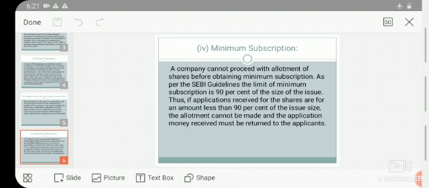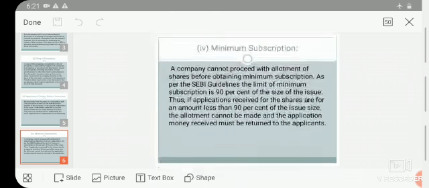Due to this, whatever amount was collected so far is going to be refundable to the concerned applicants due to failure to collect the minimum amount of application money. That is what minimum subscription is about.